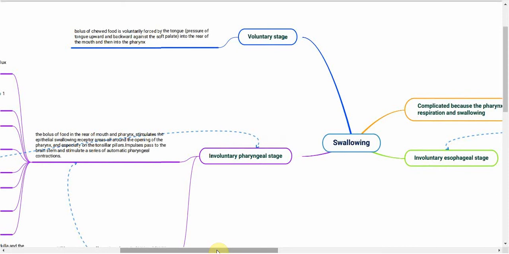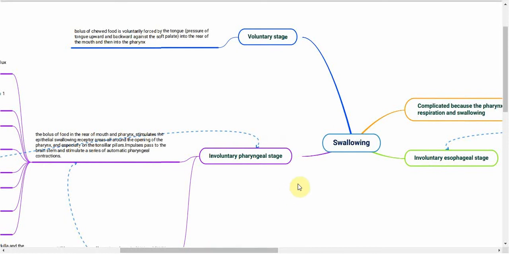The tongue presses the bolus of food against the soft palate, and it applies the pressure upward and backward on the bolus of food against the soft palate, and because of this, the bolus of food is propelled into the posterior of the mouth and then into the pharynx. This is voluntary. This is something you are doing and you can stop doing while you're doing it.